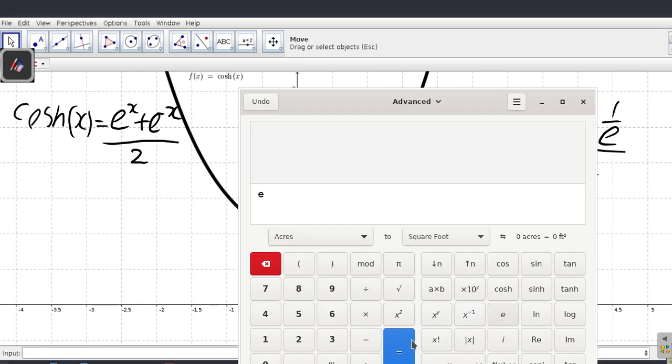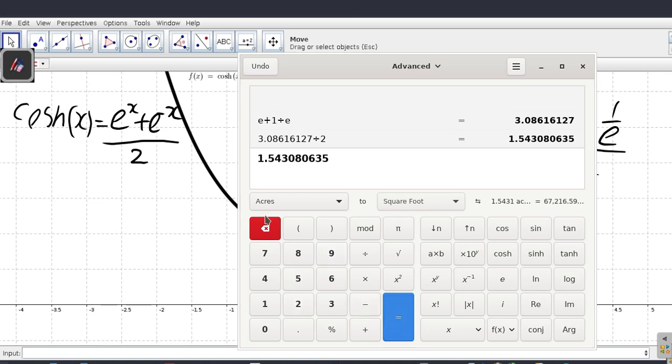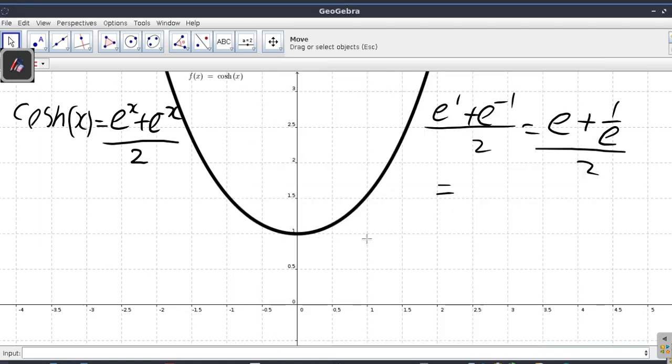So you have e plus 1 over e equal. And then this over, my gosh, it's over 2. Over 2 equal 1.5 something. A little above 1.5. Right? Which is what we got here.